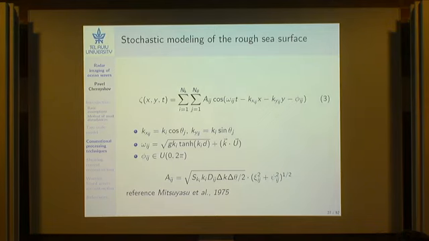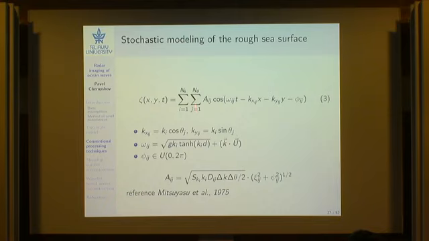Let's go further. This is a stochastic simulation of the rough surface. I use the simplest case, where everything is homogeneous, nothing changes. What is random here? The phases are random, uniformly distributed.